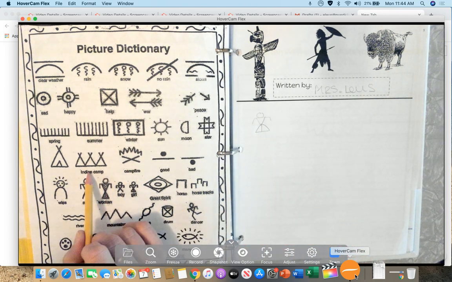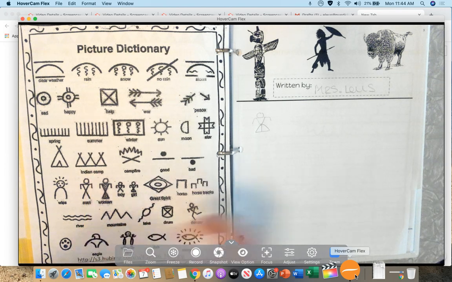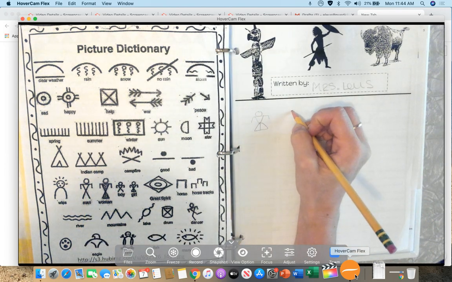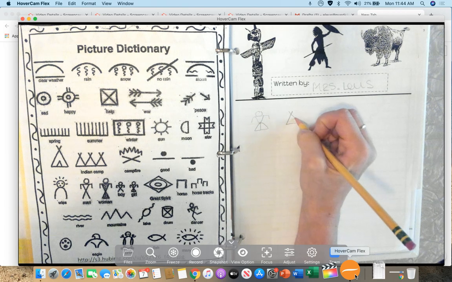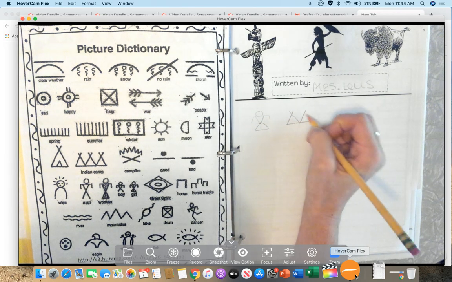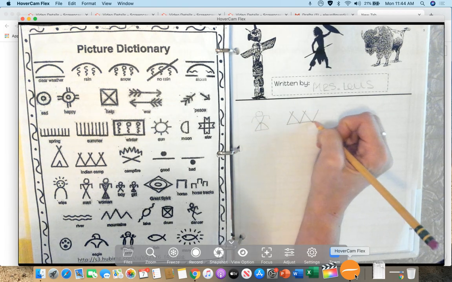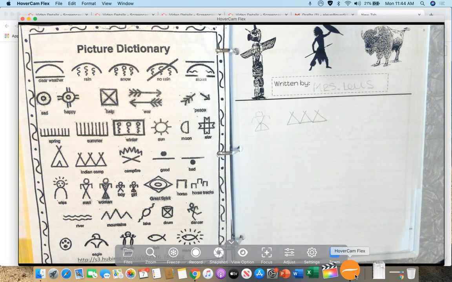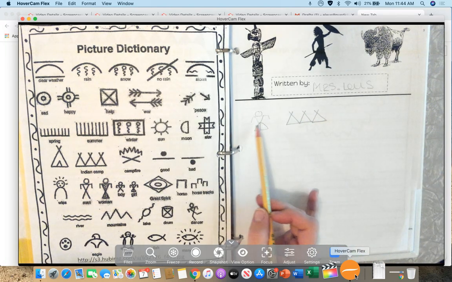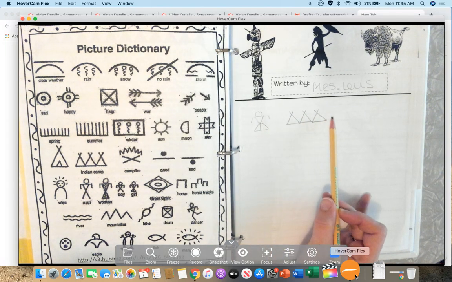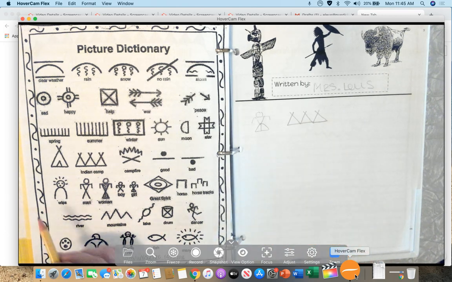So I'm going to say the girl lived at an Indian camp. So I'm going to draw Indian camp. The Indian camp symbol is three houses, side by side. So I'm going to say the girl lived in an Indian camp and she was very wise.